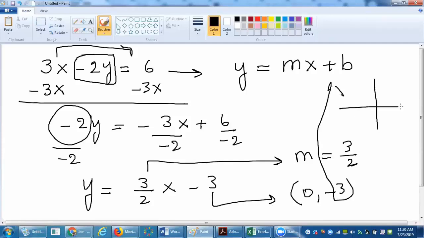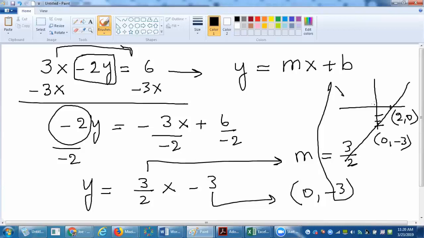All we have to do is plot the -3, go up 3, right 2, and then graph the line. So this point here could be (2, 0), and the y-intercept, of course, is (0, -3).